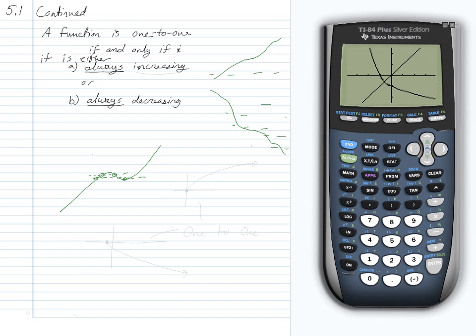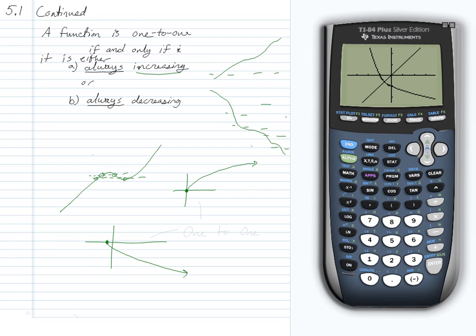In other words, if our function has any local maxima or minima, we might be in trouble. So a function that's always increasing, something like the square root of x, is one-to-one. A function that's always decreasing, for instance the one that we just looked at, the negative square root of x plus 1, this function is always decreasing.